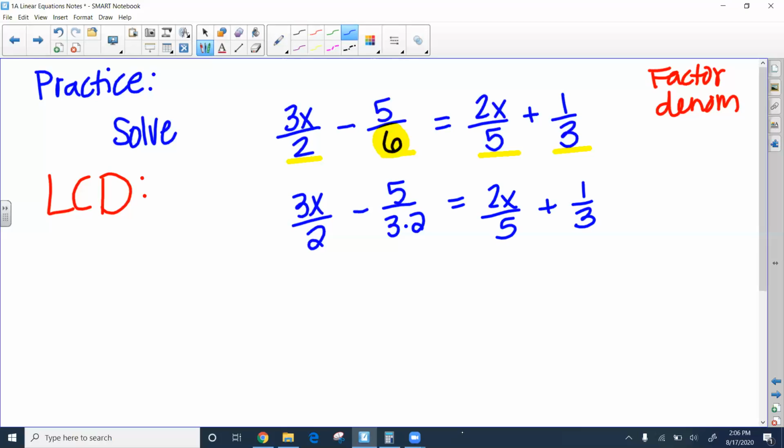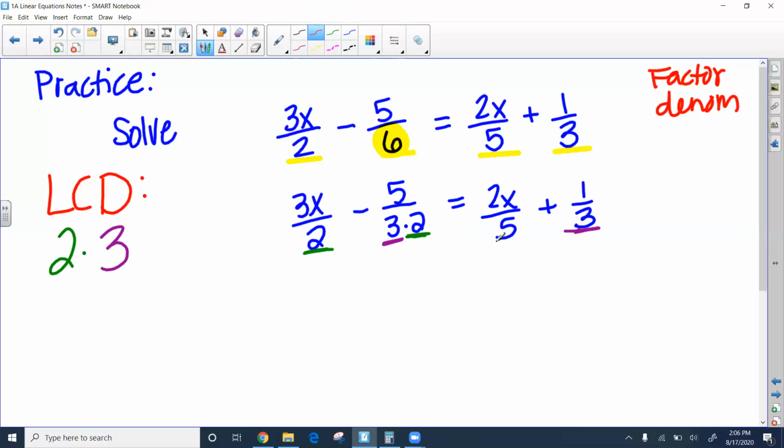All right, so if I'm finding my LCD, I'm looking first for common factors. So I see that these two fractions have a 2 in common. That means I only have to include the 2 one time. Then these two fractions have a 3 in common, so I have to include the 3 one time.